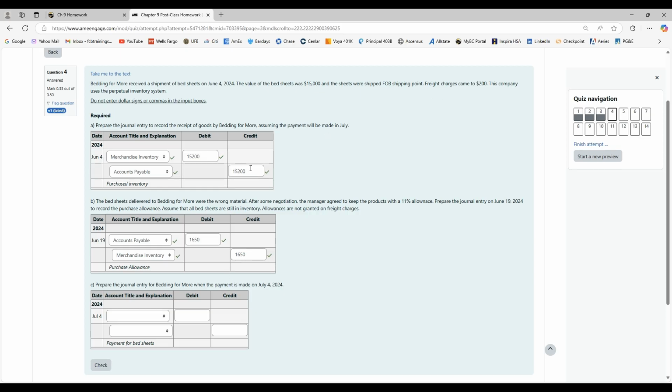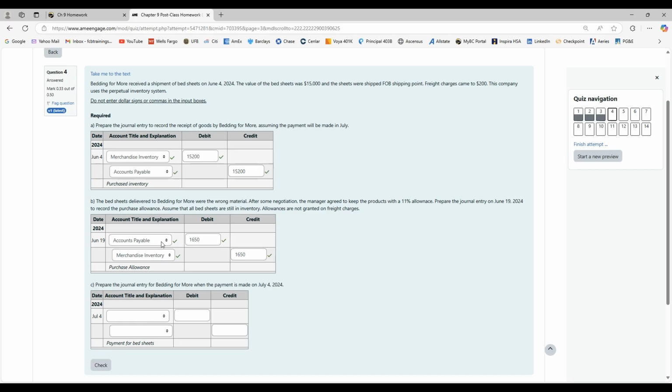Not the 15,200, because it said no allowance on the freight charges. So again, it's just the same as a return. If we had returned a portion, but we said, oh, okay, this is the wrong material, but since it's a hassle to send it back to the supplier, we're going to just keep it, figure out what to do with it, and then the supplier says, okay, well, we'll give you a reduced price to pay for it because it was the wrong material that they were supposed to send, etc.